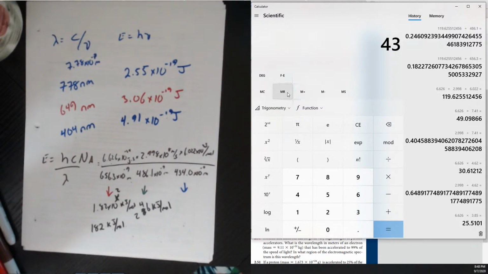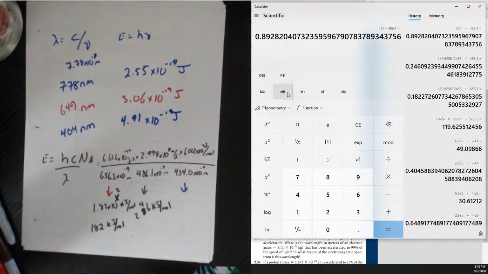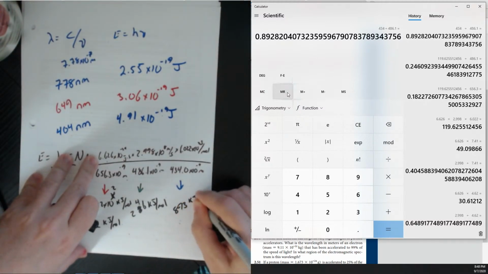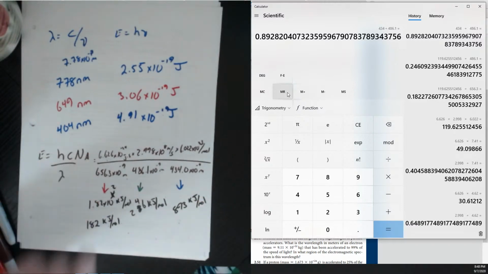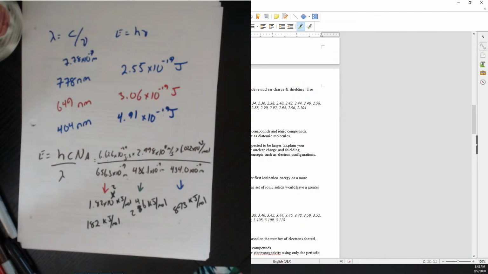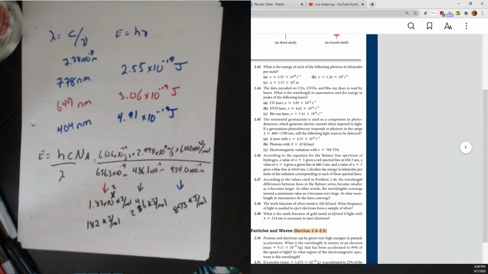And then 434 for 893 kilojoules per mole. And with that, we are done with a long, boring section of algebra, doing the same problem over and over. Let's do 258.